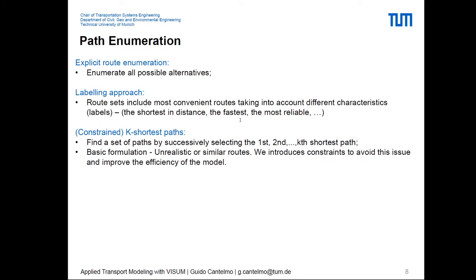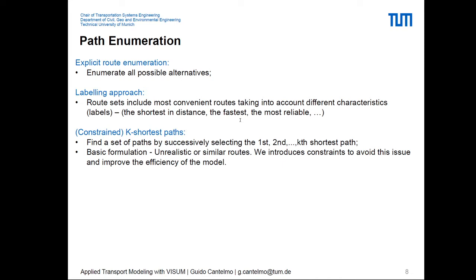And finally, quite common is the so-called constrained k-shortest path. Find a set of paths by successively selecting the first, second, and k-th shortest path, which basically means you keep running the shortest path algorithm until you find a series of trees which are basically suboptimal.